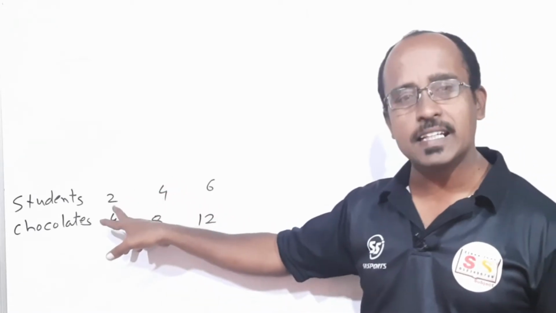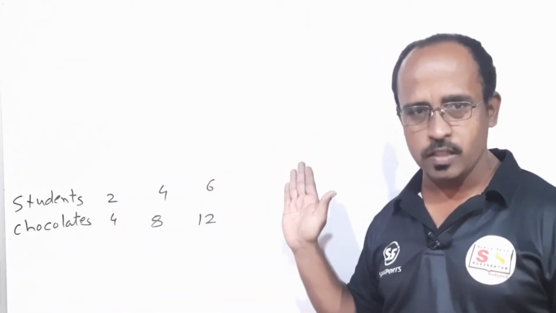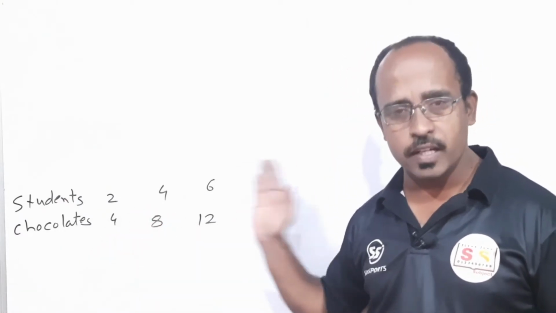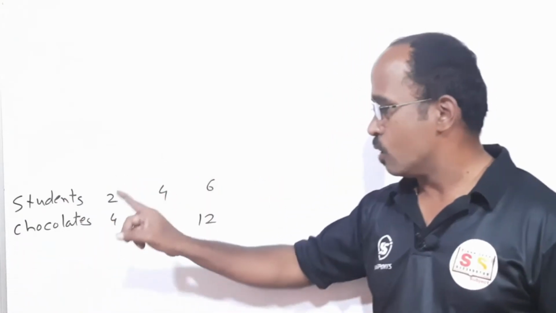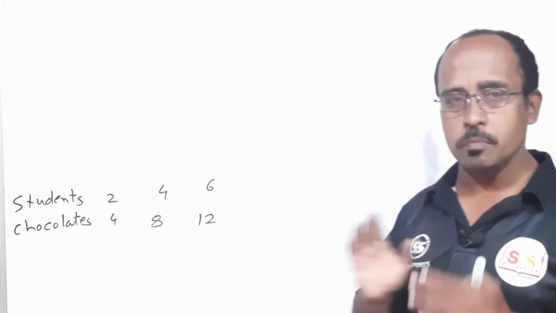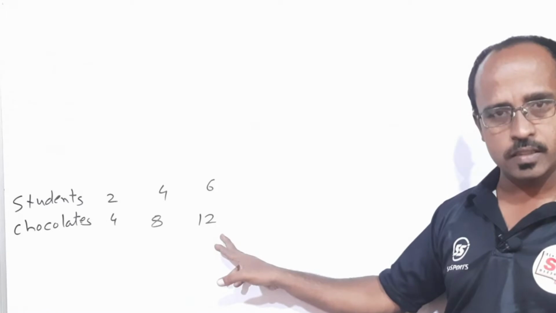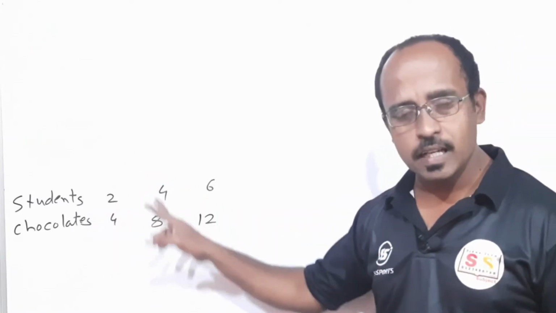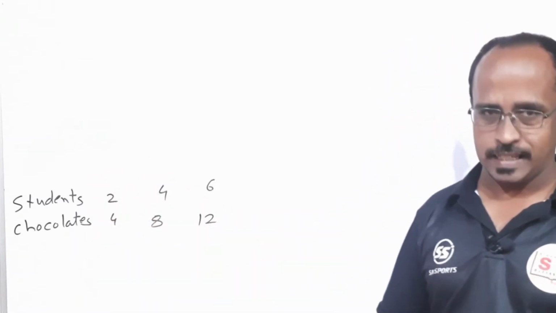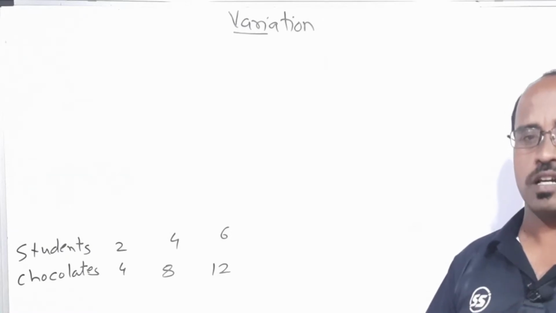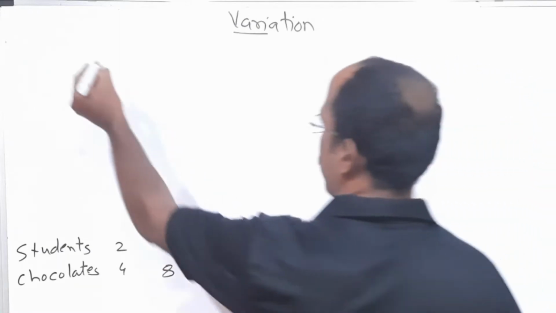If the number of students decreases to 2, then the quantity of chocolates will decrease to 4. 2 students will require 4 chocolates. Means if one quantity is increasing, another quantity is also increasing. If one quantity is decreasing, another quantity is also decreasing. And such kind of changes are called direct variation.